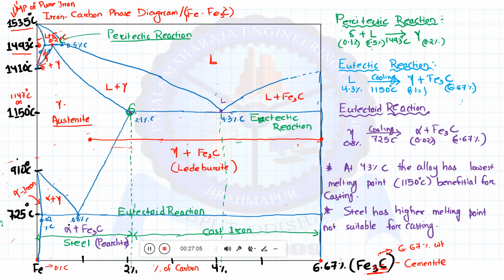Okay. So if we compare these three invariant reactions, the eutectoid reaction is the most important one, which will be discussed in the next lecture. Thank you everyone. I hope you have understood the iron carbon phase diagram well, and you do not have to mug up this particular diagram just to draw it.